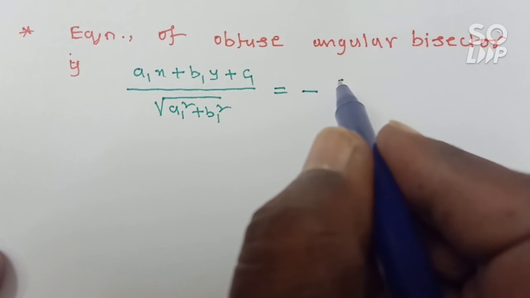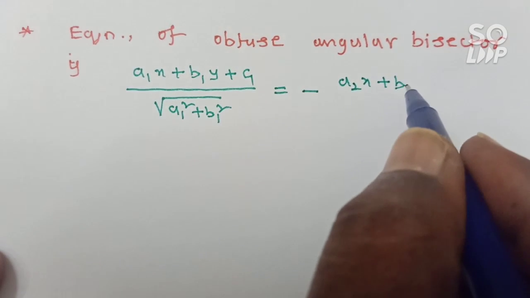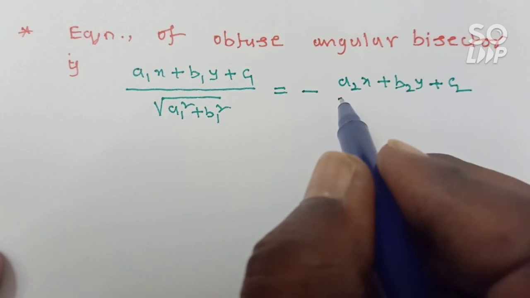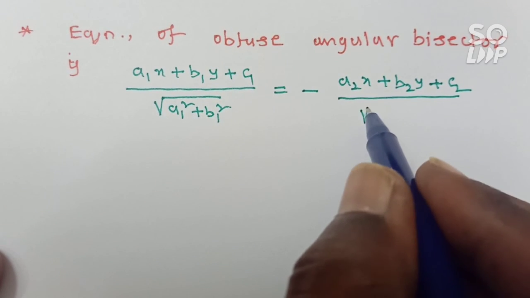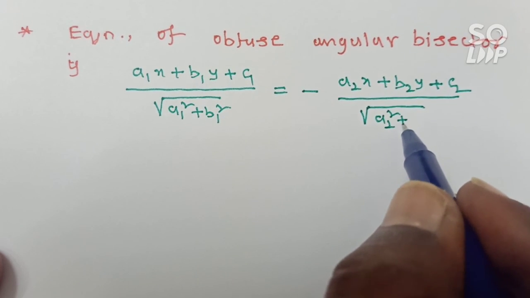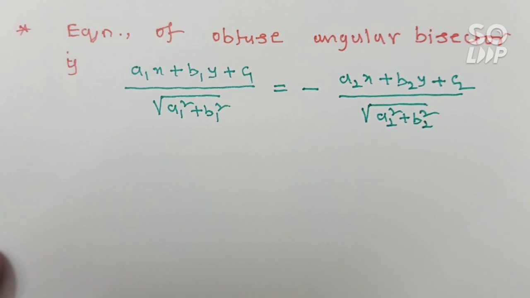Negative sign: minus (a2 x + b2 y + c2) divided by the square root of a2 squared plus b2 squared. So this is the obtuse angular bisector equation, right?